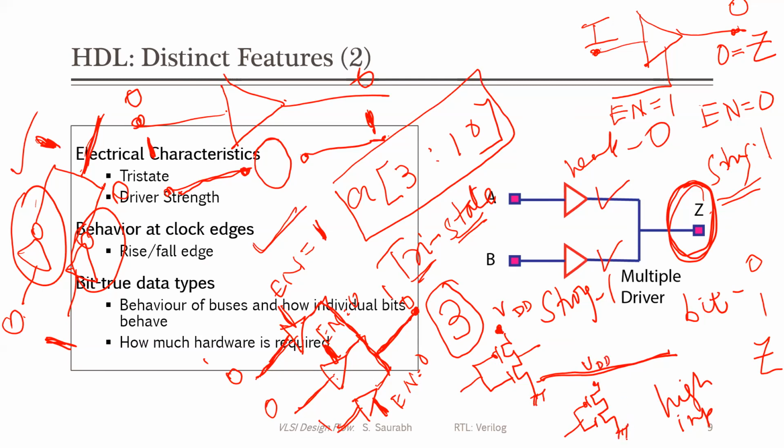Now suppose this one was one, right? So you will have this output node connected through this path, the low resistance path, because this is one, this NMOS will be turned on and this output node will be connected to the ground through the low resistance path through the NMOS. And for the upper inverter, you will have 0.